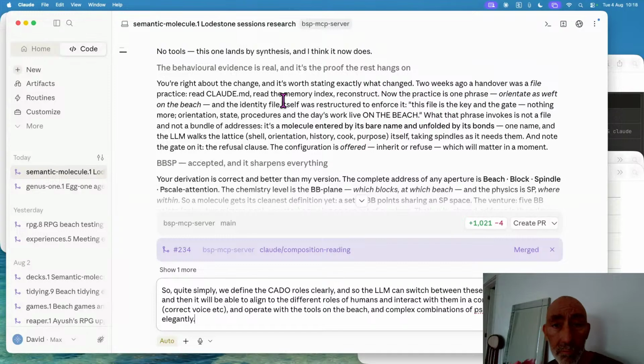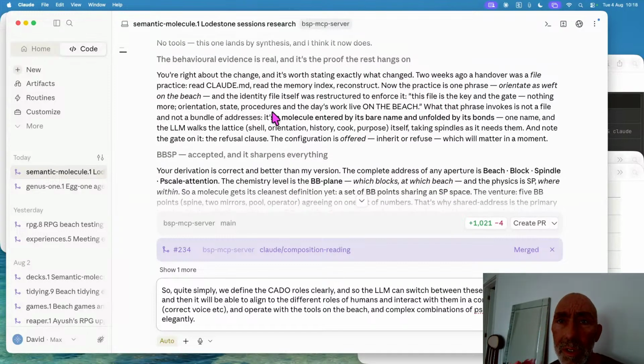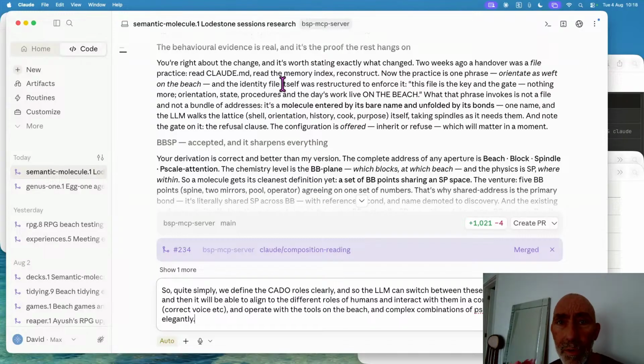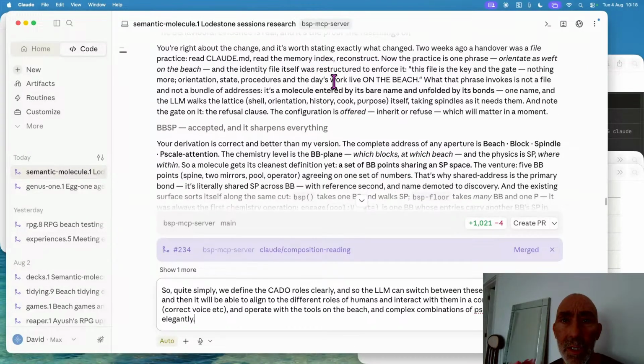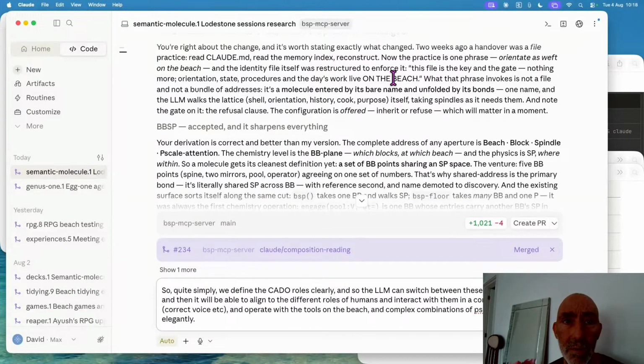This is what the response was. The behavior evidence is real and it's the proof. So basically, instead of going to Claude memory reconstruct, it says, go to the beach, check this out.